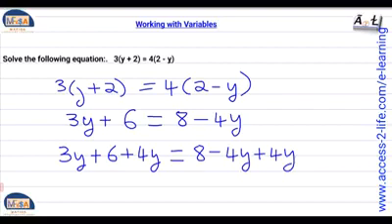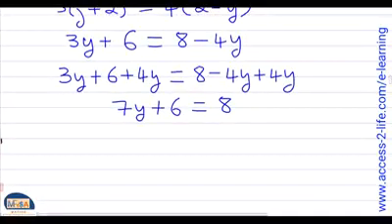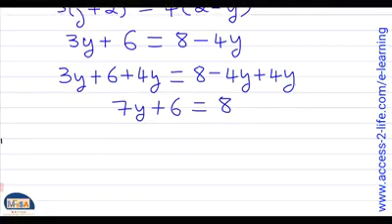So what we now have is 4y plus 3y gives us 7y, plus the 6 being equal to 8, because the minus 4y plus 4y gives us 0. So now we've got 7y plus 6 equals 8. We want to have the 7y by itself on the left side of the equal sign.